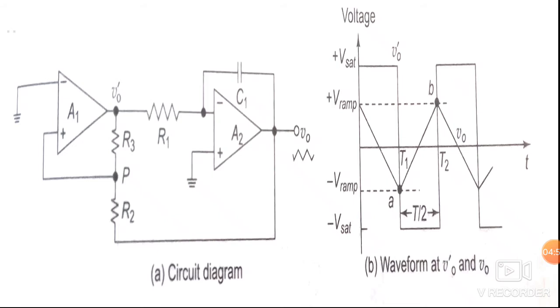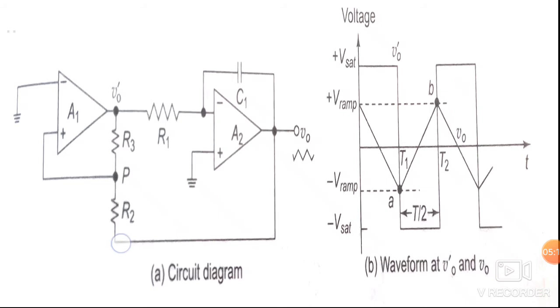How will this point be defined? There are basically two voltage sources at this potential divider feedback network. There is a resistor R3, and there is a resistor R2 also.